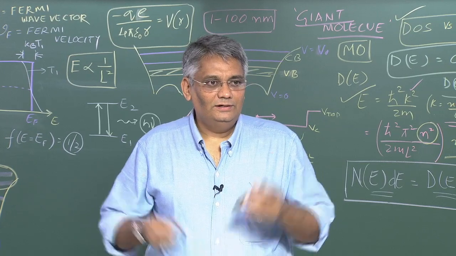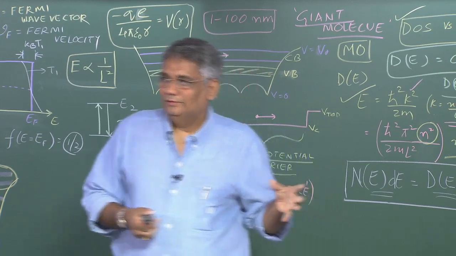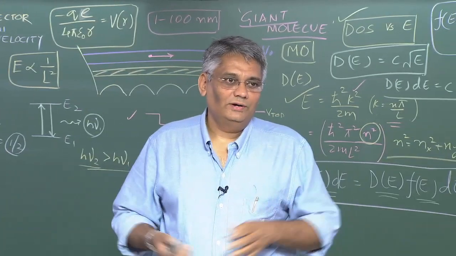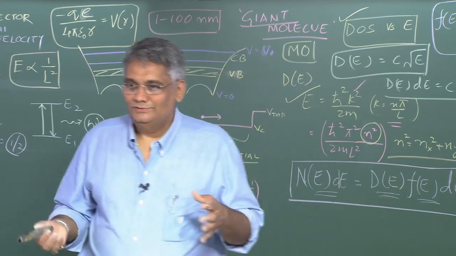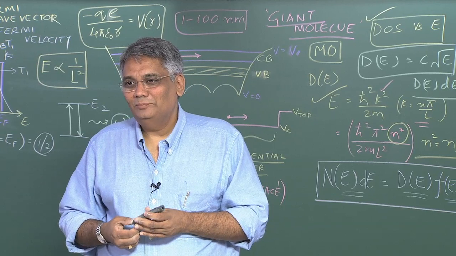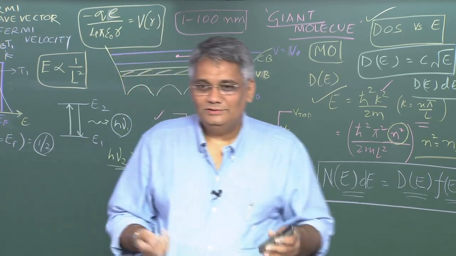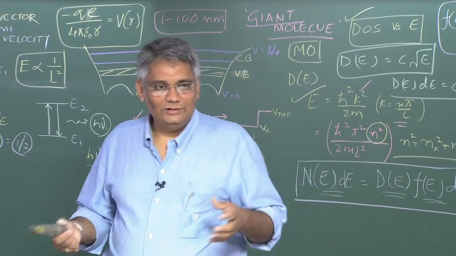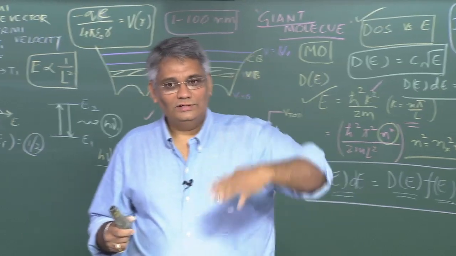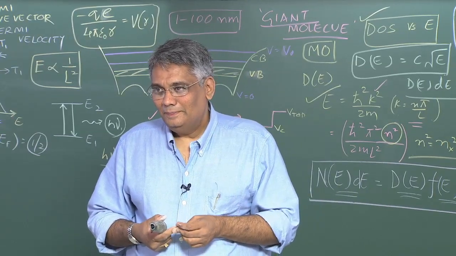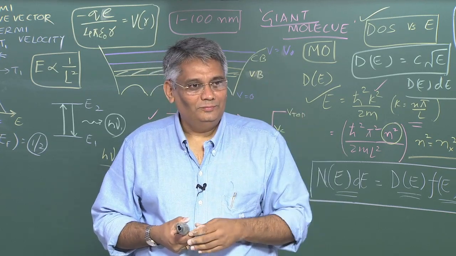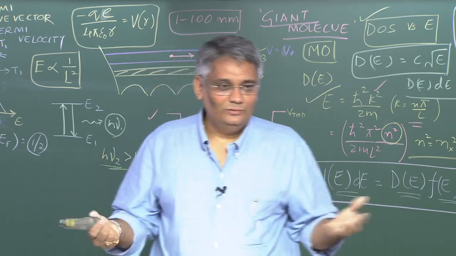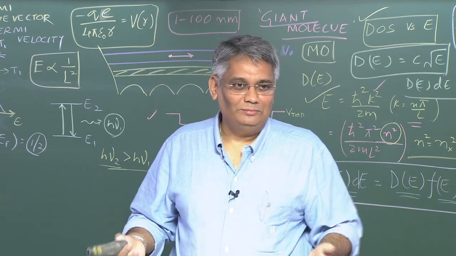Remember, I asked you to calculate the TF, the Fermi temperature corresponding to a Fermi energy value of 5 electron volts, just to see the enormity of this particular number. And what we got was a temperature value of 10,000 Kelvin. Then we understood that in order for all the electrons in a solid to become classical particles and attain Fermi velocities, you need to heat up the solid to such high temperatures, which is impractical.